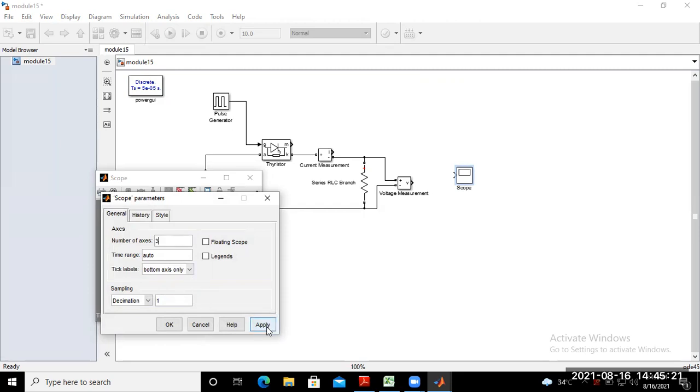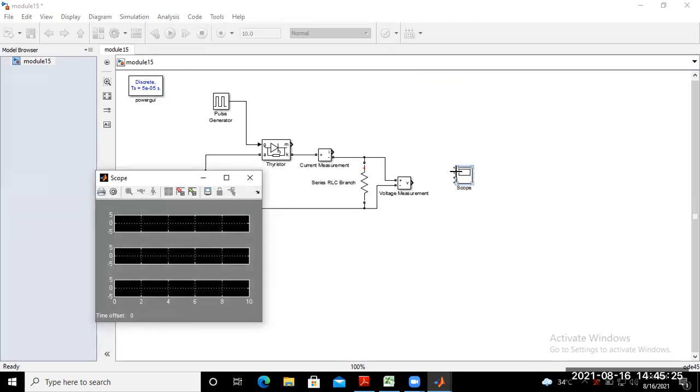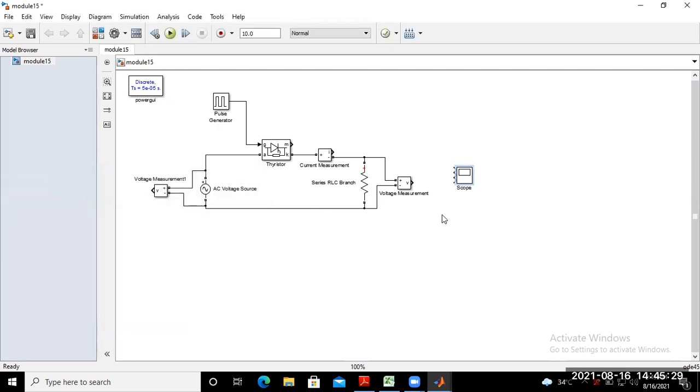So just click on 3 and okay. So 3 axes we have created. Now you just connect, and just move this out so it is easily visible. Okay.